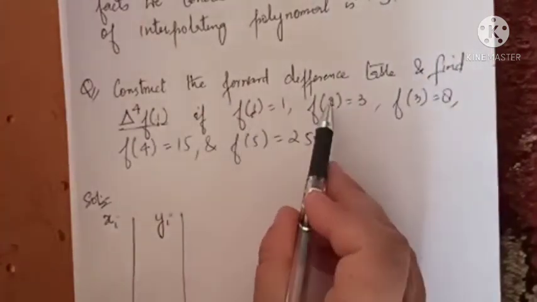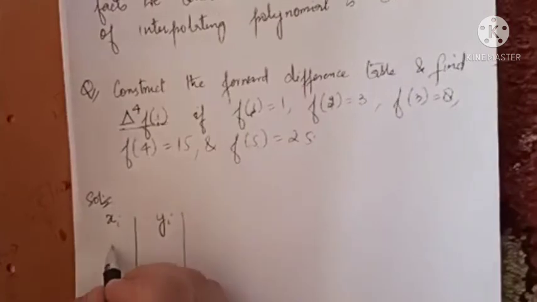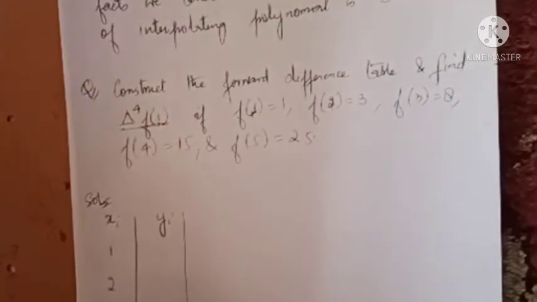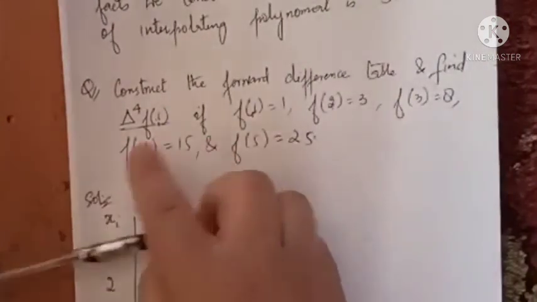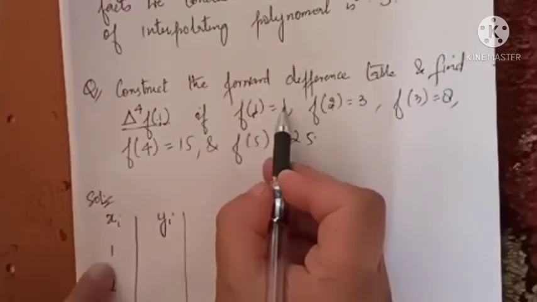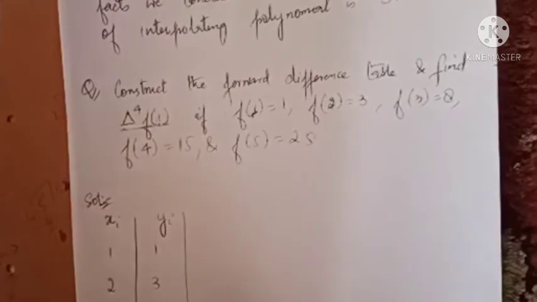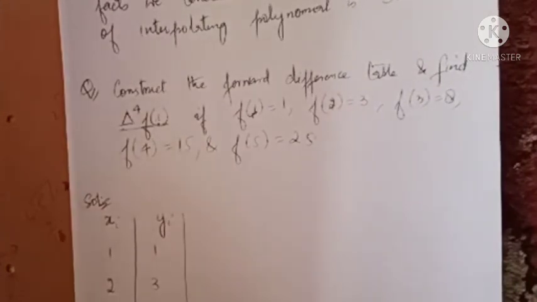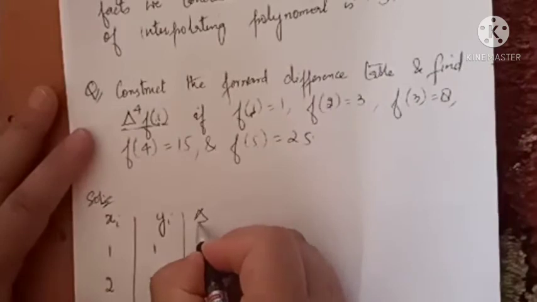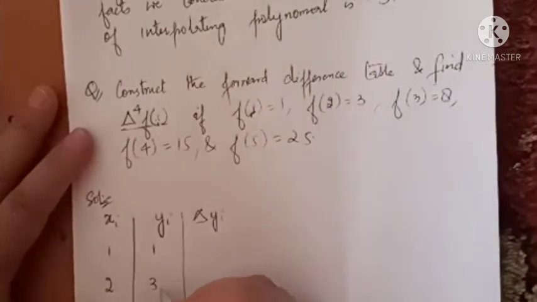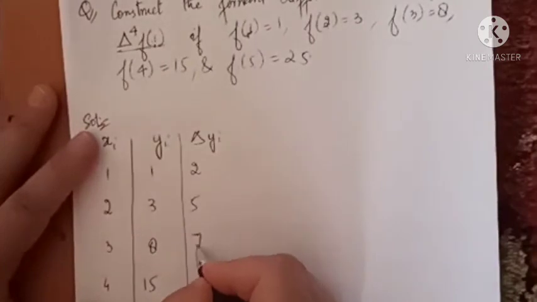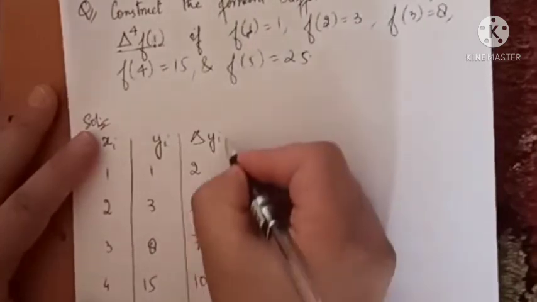So that means x values are 1, 2, 3, 4 and 5. So when x is equal to 1, y is equal to 1. This is 3, this is 8, this is 15, and this is 25. Now construct the table. First order, 3 minus 1 is 2, so 2. 8 minus 3 is 5. 15 minus 8 is 7, and 25 minus 15 is 10.